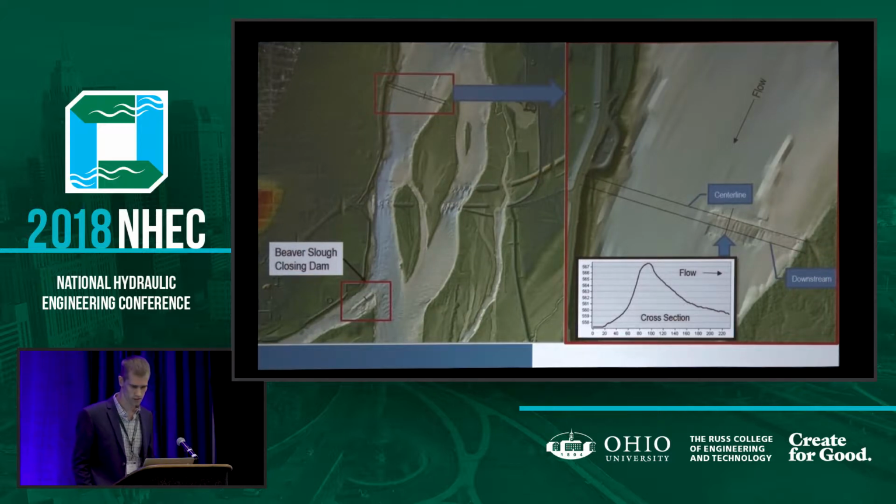On the right side of the screen, we have a couple sections cut. One's through the crest of the wing dam, and the other is just downstream of that. And then I also cut a cross section in the direction of flow. You can see it's about 10 feet tall, and it has a top width of about 20 feet in the direction of flow.